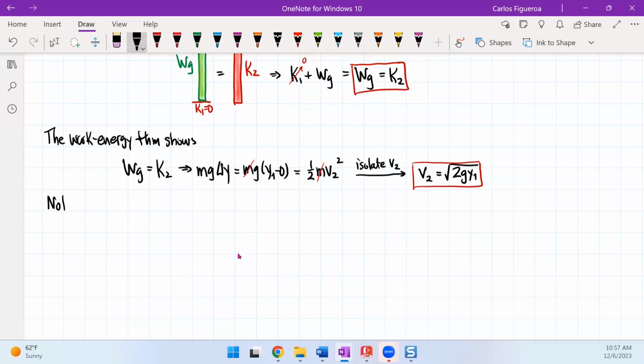Note the height y1, or delta y, is not given, but can be calculated.